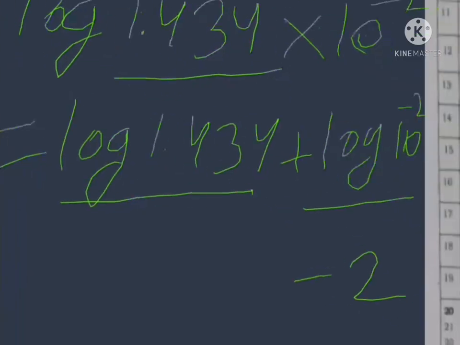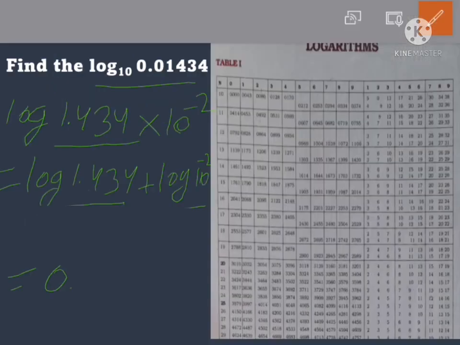Then I will get 0.1565 minus 2, that is minus 1.8435. So this is the value for log of 0.01434.